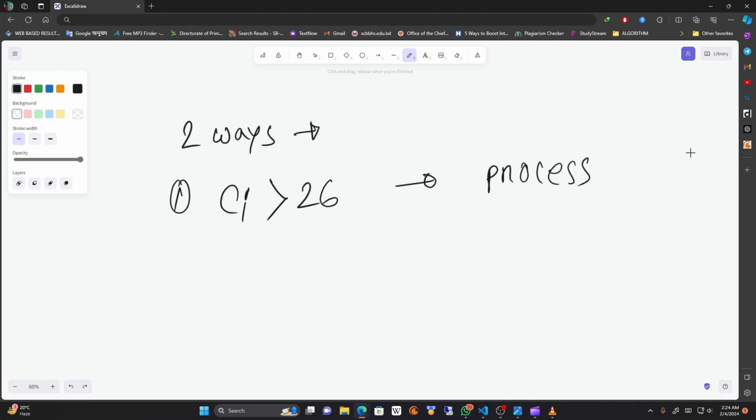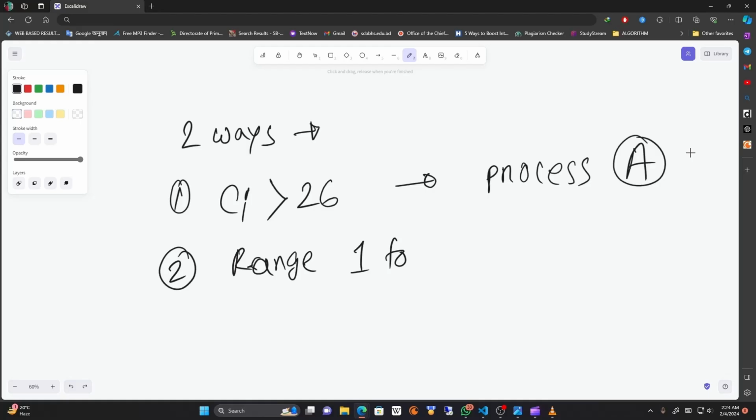Let's call this process A. We need to follow process A if our ciphertext index value is greater than 26, and in the second way, if our ciphertext index value is in the range between 1 to 26, then we'll follow process B. So for the initial stage, let's go for process B, and after giving an example of process B, we'll give an example of process A.